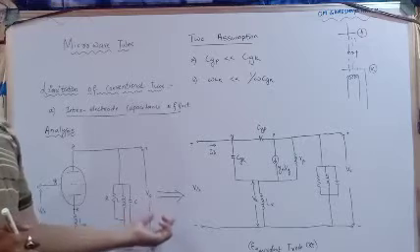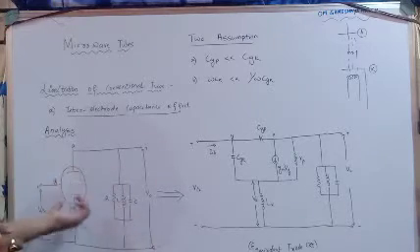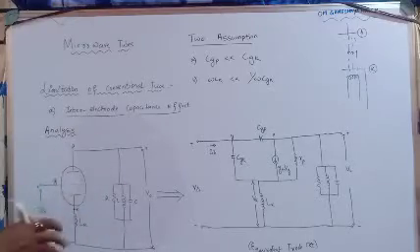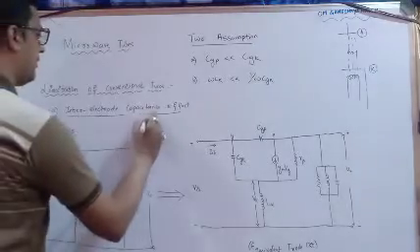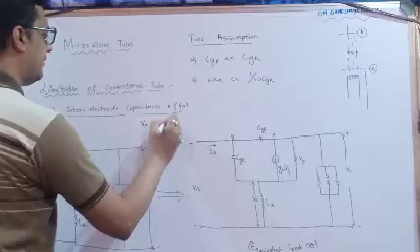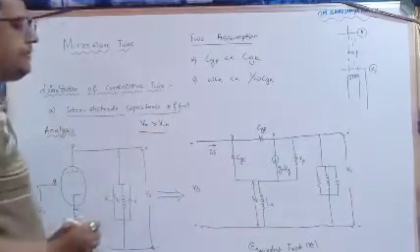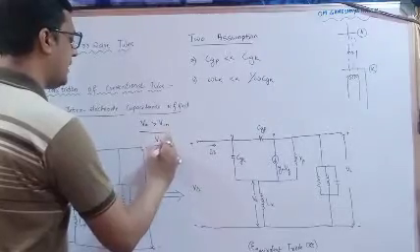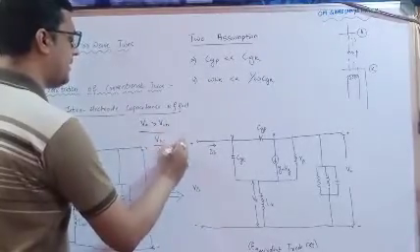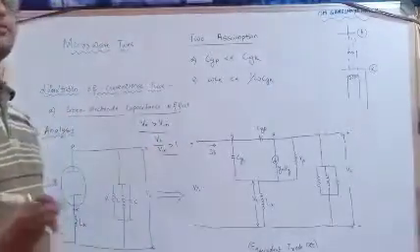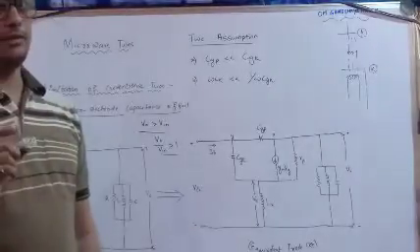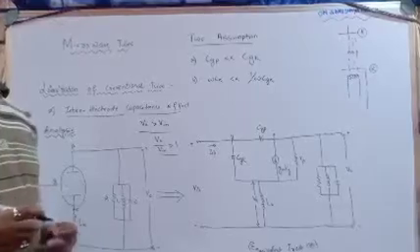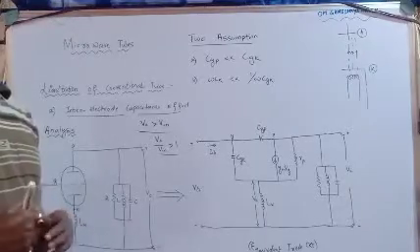If V naught is greater than V in, then we will say the signal is amplified. If V naught is greater than V in, that means V naught divided by V in must be greater than 1. That means the voltage gain must be greater than 1. Then only we will say this whole circuit acts as an amplifier. It will satisfy that.